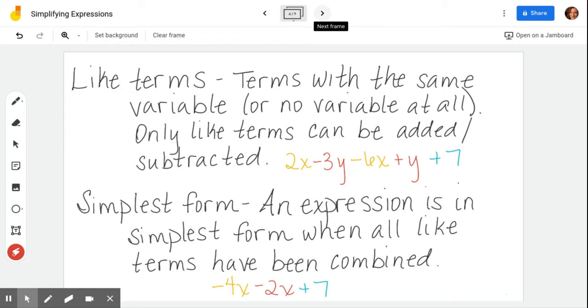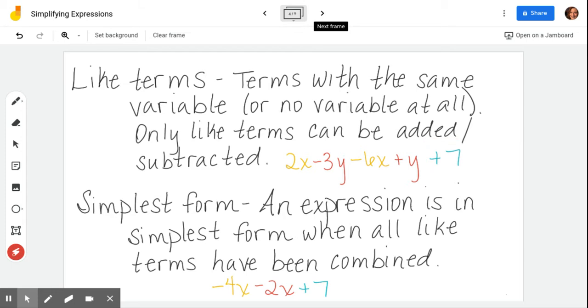When we're combining, when we're adding and subtracting, you can only put them together if they're like terms. So the 2x can be combined with the minus 6x because they both have x's. The minus 3y can go with the positive 1y because they both have y's. There's no other constant besides that positive 7, so he's not going to have a buddy to combine with.